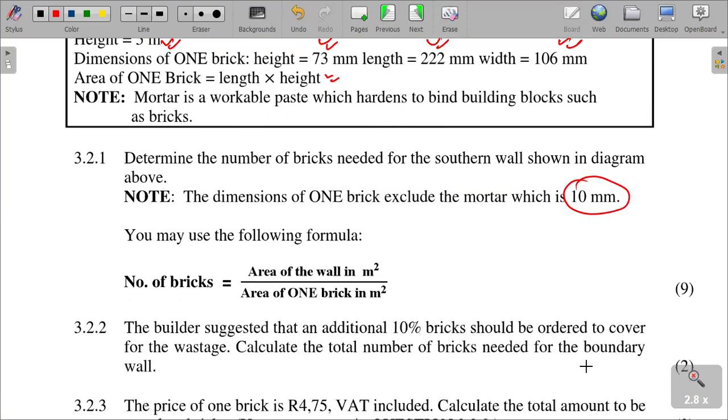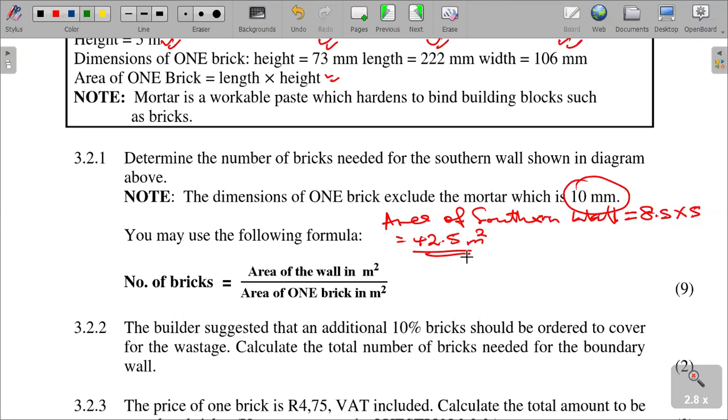So in this case, area of southern wall is equal to 8.5 times 5, which is going to be 42.5 square meters.